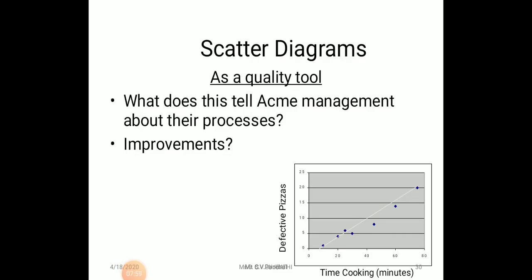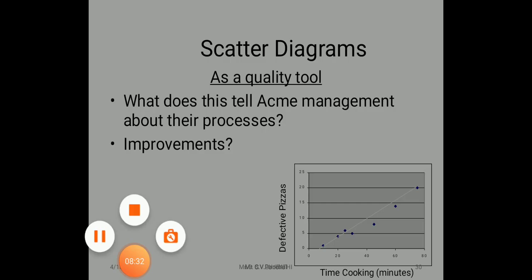Suppose a person who is cooking is very lazy and is passing time and not sticking to his duties, then there may be a chance that he produces more defective pizzas. So we will come to know what exactly and where exactly something is going wrong, and then we can rectify it and solve the problem. So the scatter diagram helps us to find out the problem and solve the problem. Okay, we'll stop here.